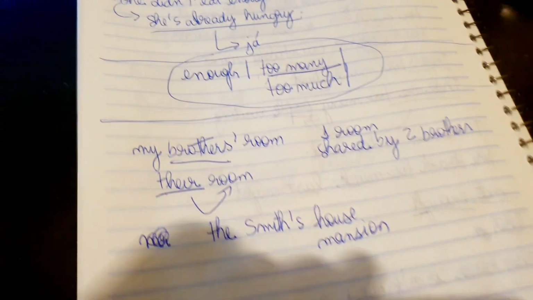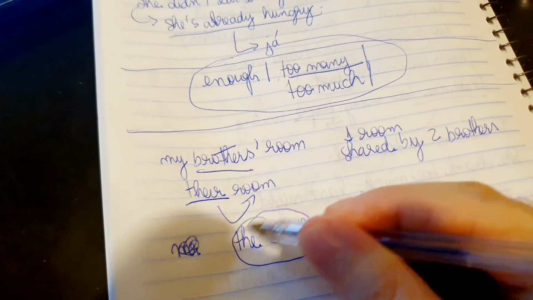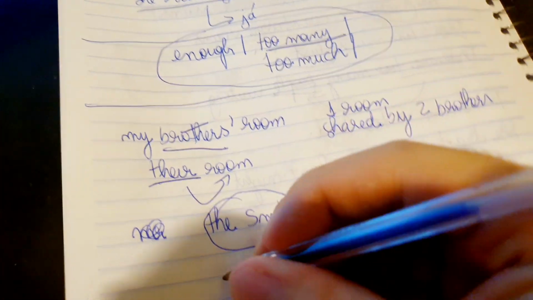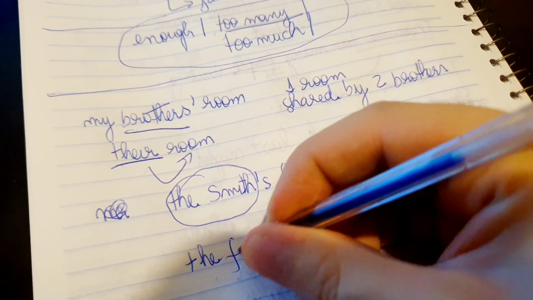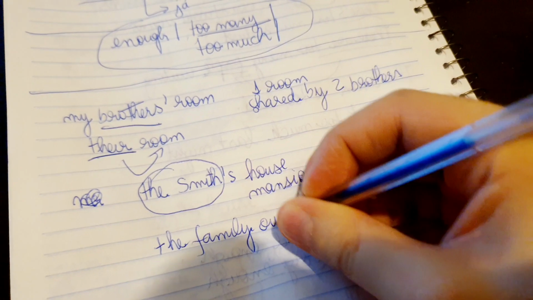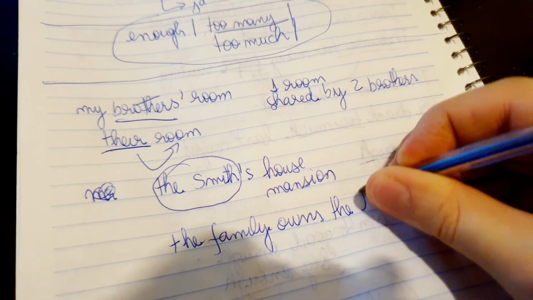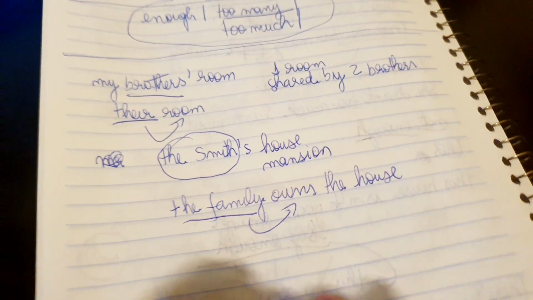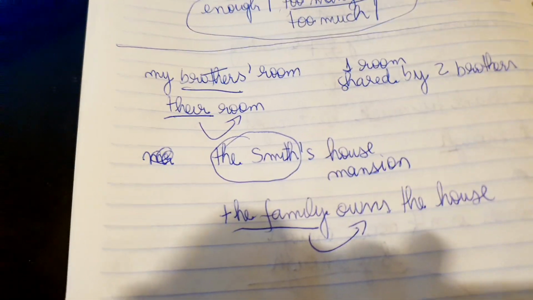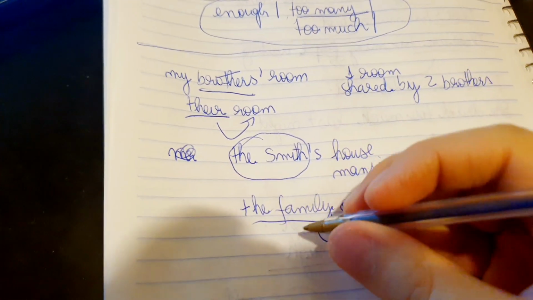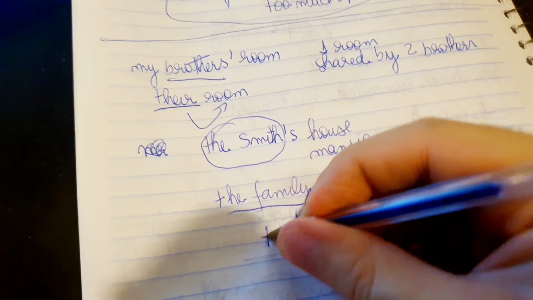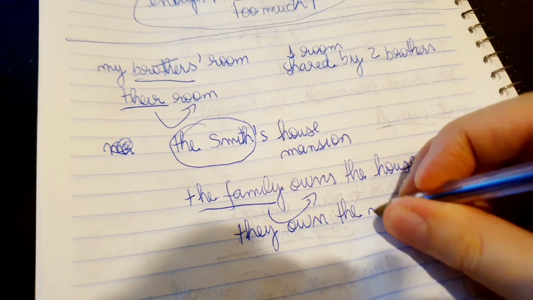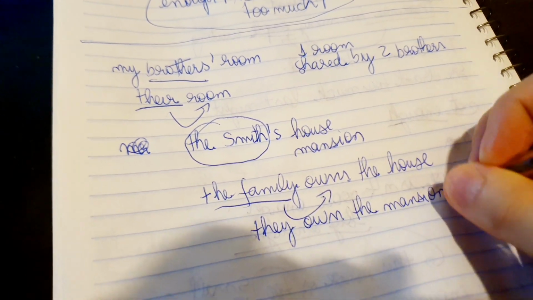Belongs to them. So the family named Smith owns the house. The family owns the house, okay? It's a collective group of people. You can say the family owns the house, but, you know, they own the house. You can also say they own the mansion. It belongs to them.